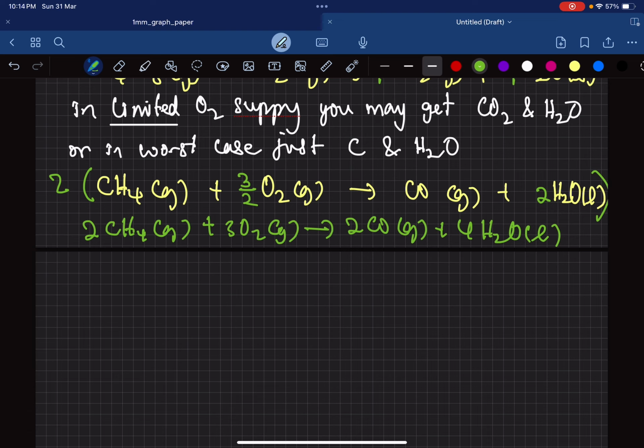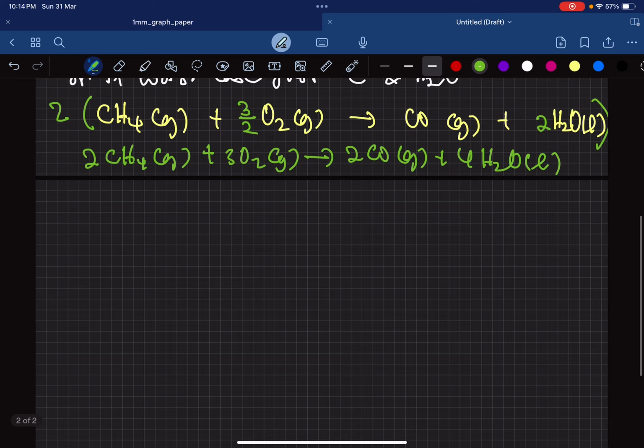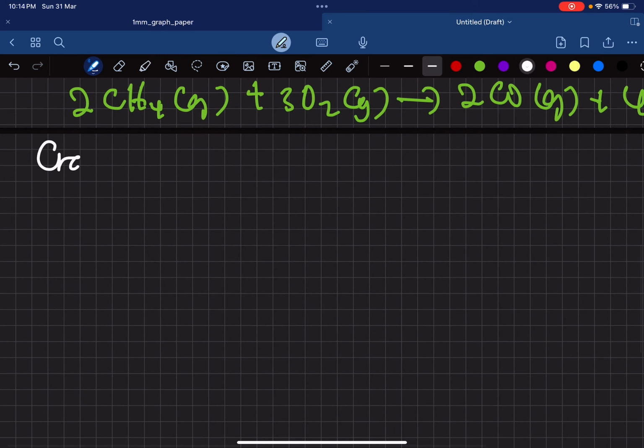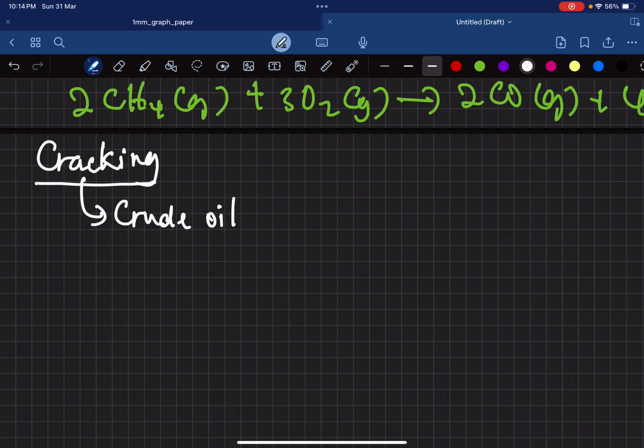All right, the next thing I want to quickly explain to you is something called cracking. Cracking is a process which is done in the petroleum industry, when you get crude oil. Cracking is usually done on crude oil to produce smaller fractions.